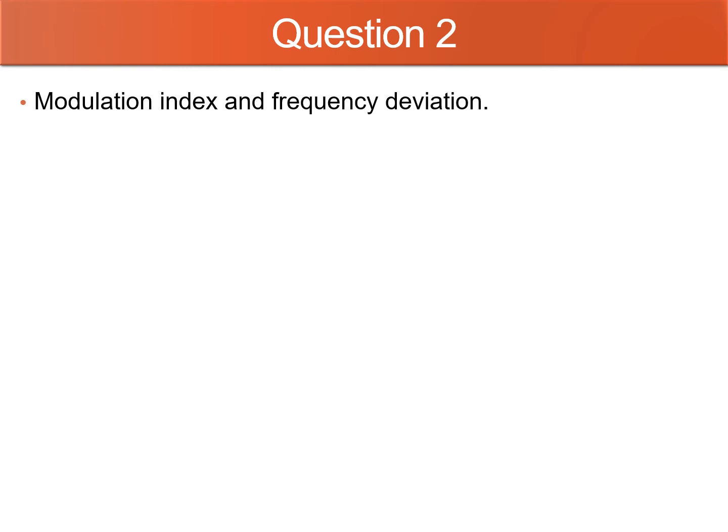Next, modulation index and frequency deviation. First of all, we need to use this equation: m equals Kf, which is in hertz per volt, times Vm, divided by fm.